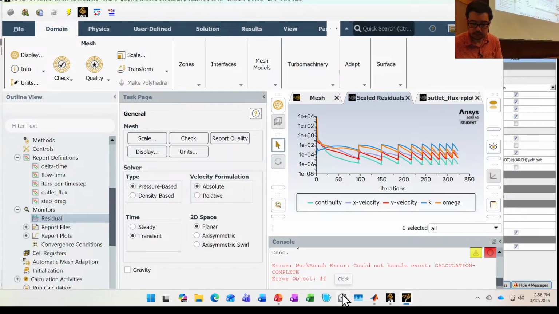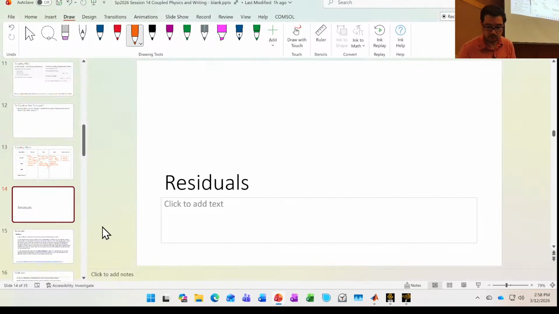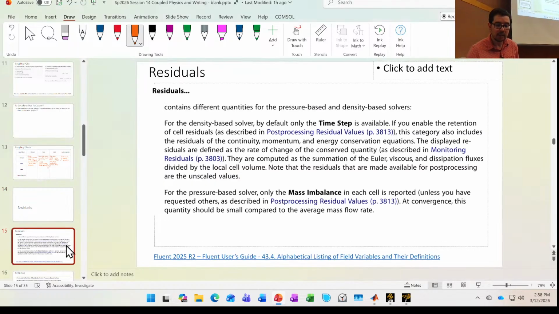So let's just say, before I say anything that's really wrong: if you're really interested in seeing how things work with ANSYS, which is finite volume, sorry, or another numerical analysis software, you can look at their user guides. COMSOL has extensive documentation as well.